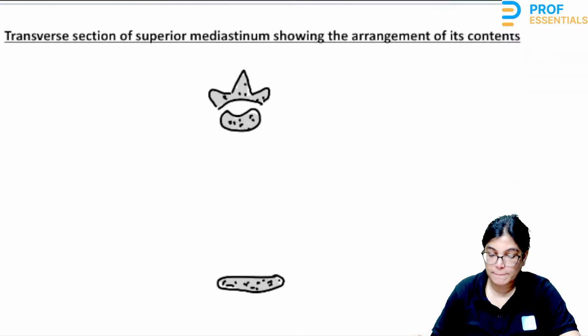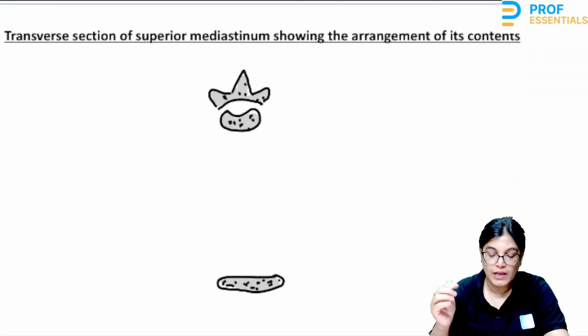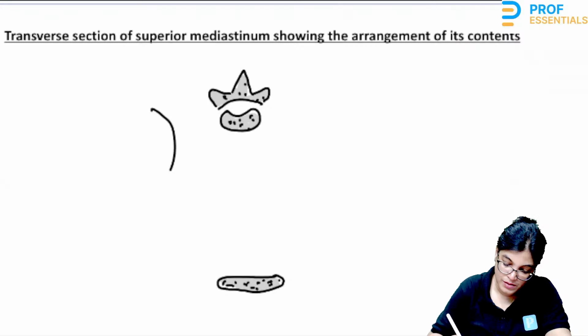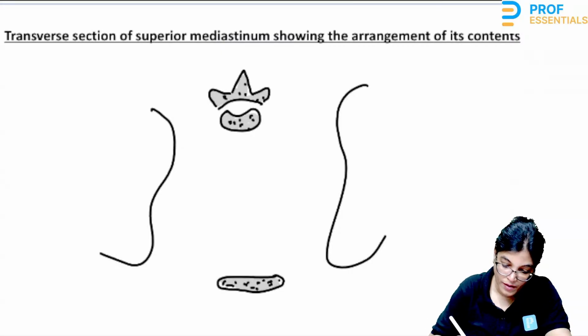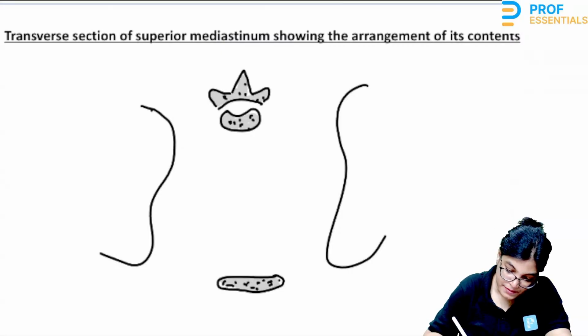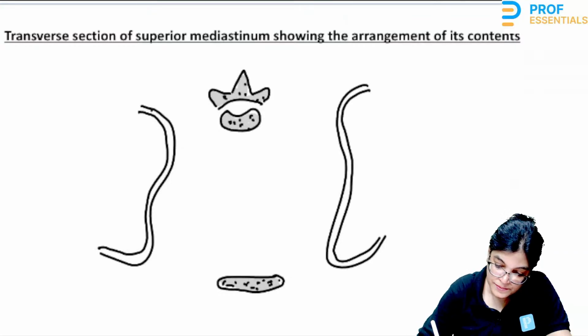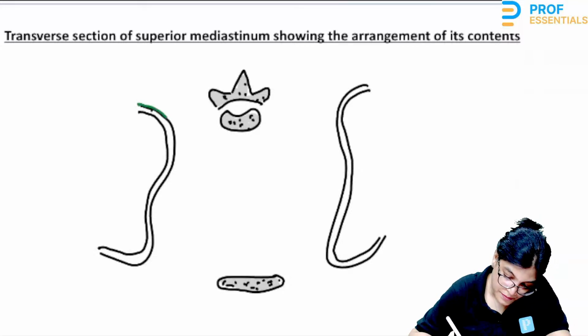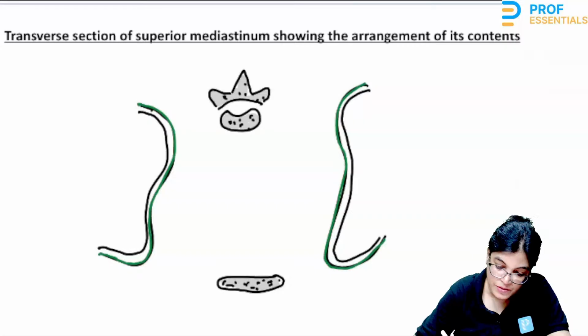Okay, done. On either side, what lies? The lung and the pleura. So we will have on either side, you can just draw. This is the mediastinal pleura covering the lung. I am using this color for the lungs.